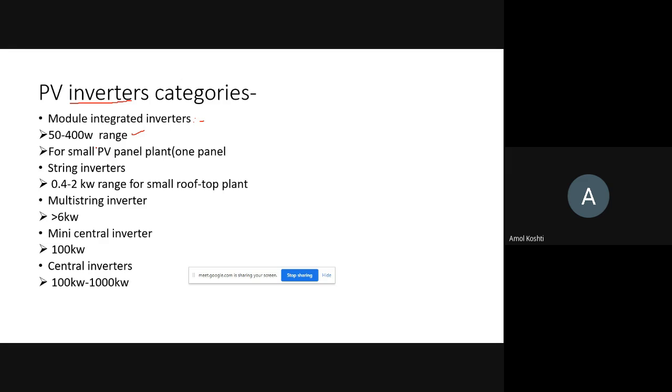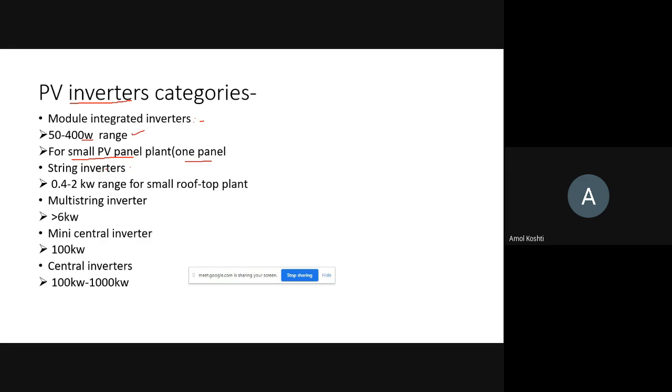So for small applications, these inverters are categorized as module integrated inverters, with a range of 50 to 400 watt, used for a small PV panel. It can be one panel, or two small panels can contribute 400 watt, up to 400 watt.